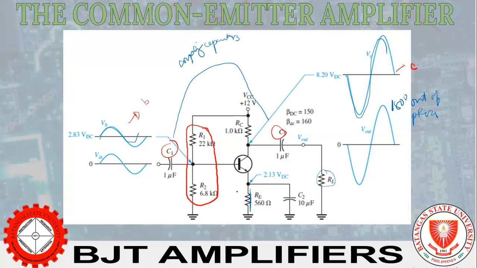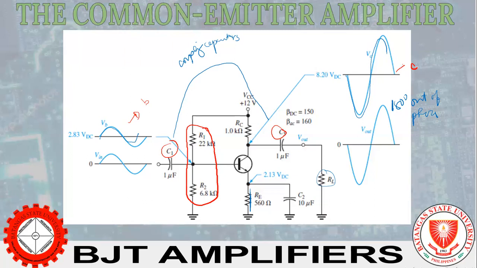Okay? So, all amplifiers have a combination of AC and DC operation. So, mamaya, magko-compute tayo ng DC and AC quantities natin. Okay, but keep in mind that common emitter designation refers to the AC operation.